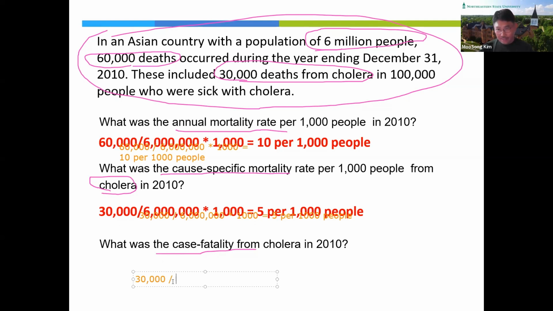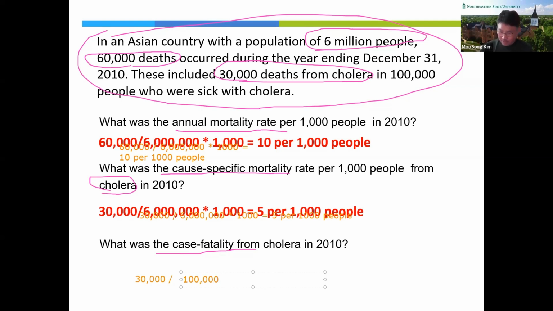No, right. So we need to use the total number of people with that disease. So how many people actually got sick from cholera? 100,000 here, right?